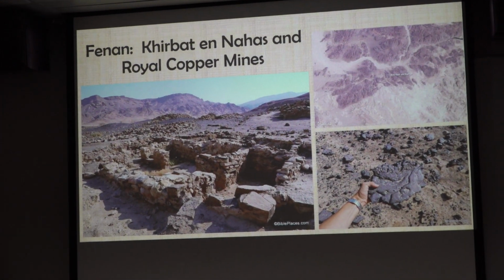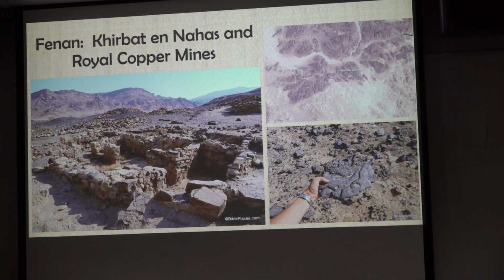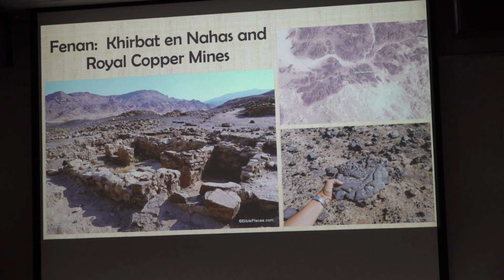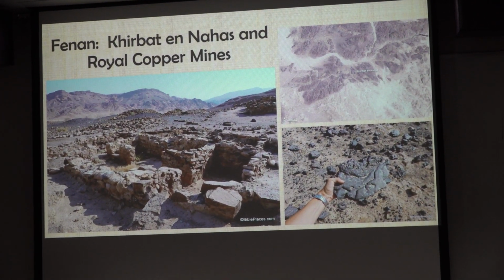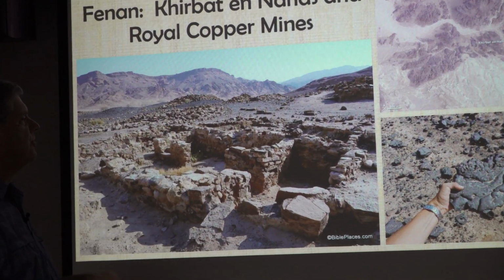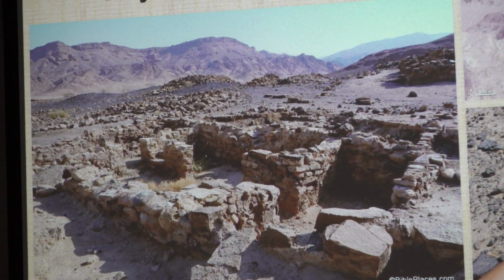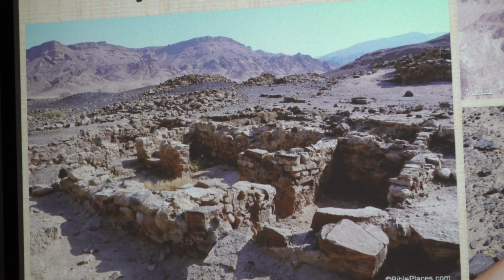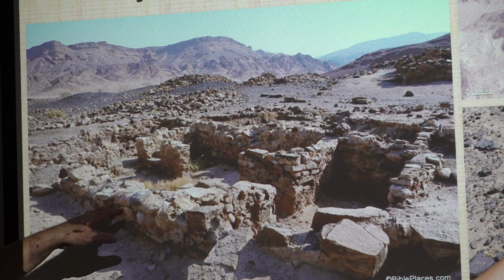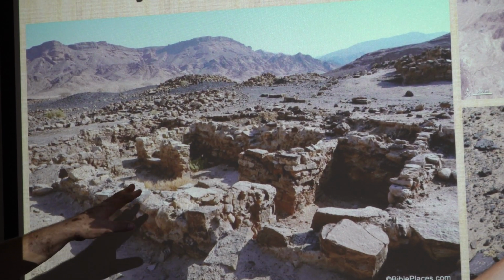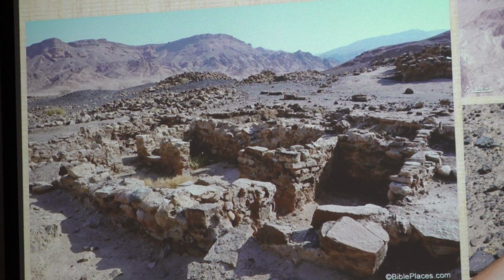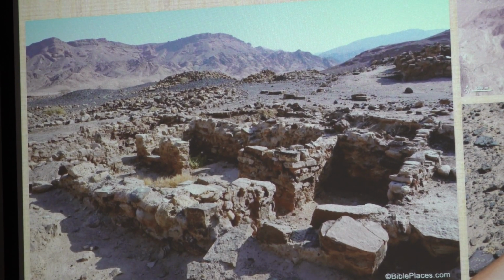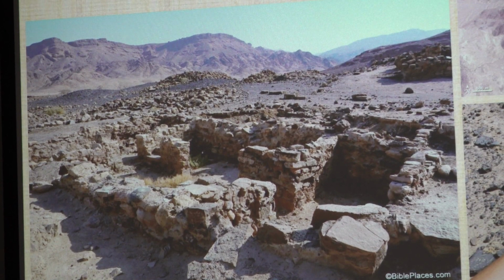And again, around 20 years ago, Tom Levy of the University of California at San Diego began researching and excavating copper mining operations in the Edomite lowlands along the Arava on the Jordanian side of the modern border, and found a place called Khirbet en Nahas, or the ruins of copper, and found a very, very elaborate fortress and copper mining system.